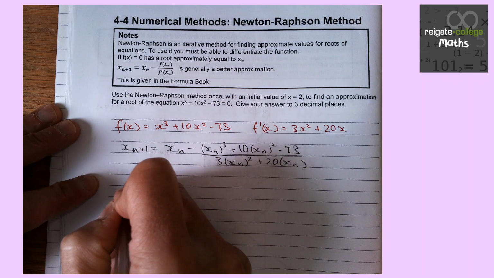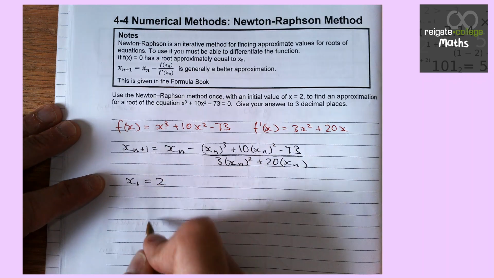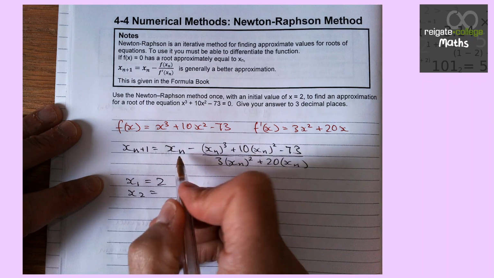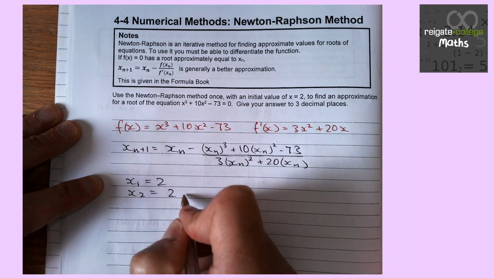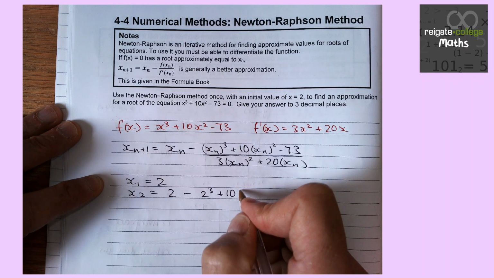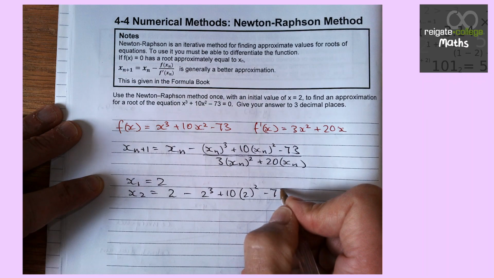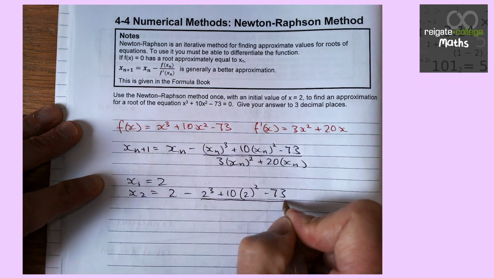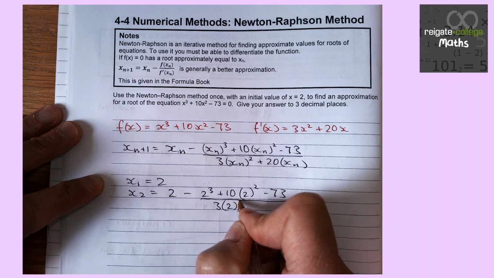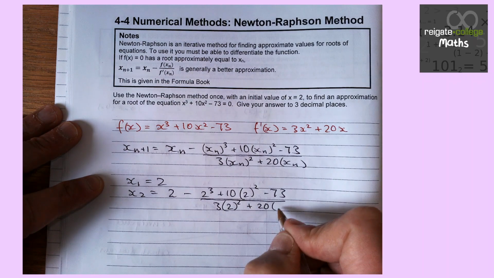So if x1 is equal to 2, then x2 is equal to, well, we've got xn there, so 2 minus 2 cubed plus 10 times 2 squared minus 73, all divided by 3 times 2 squared plus 20 times 2.